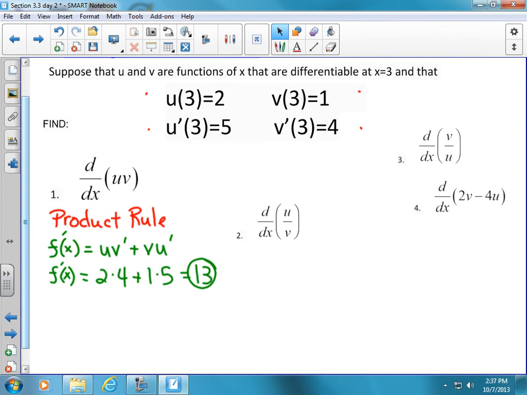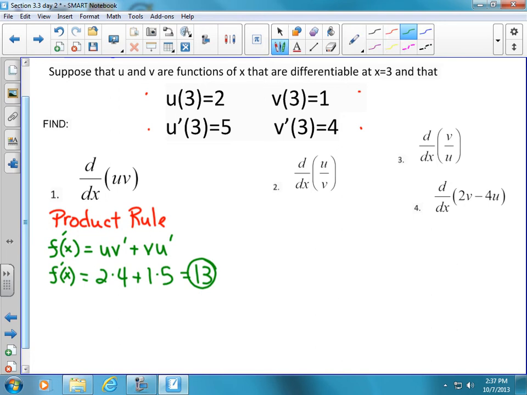Next, let's do the quotient rule because we have a quotient, u divided by v. So let's take our quotient rule and apply it. The quotient rule says that we take v u prime minus u v prime over v squared. And really your denominator and numerator matter. This v squared is always the denominator, the v is the denominator, the u is the numerator.